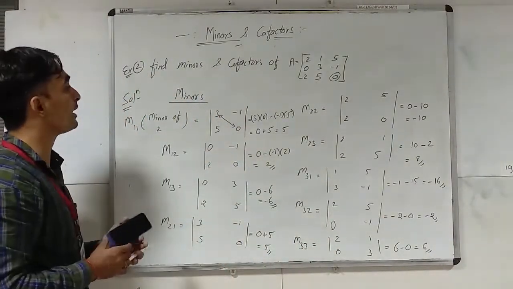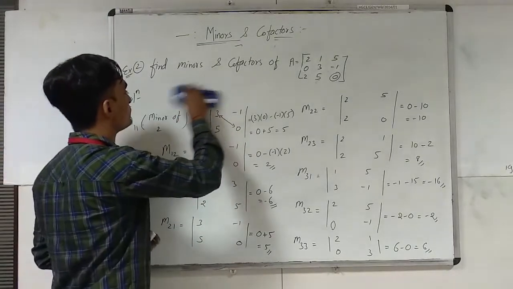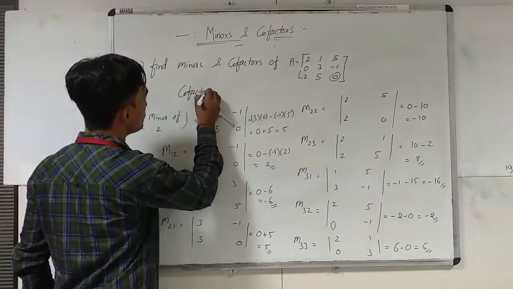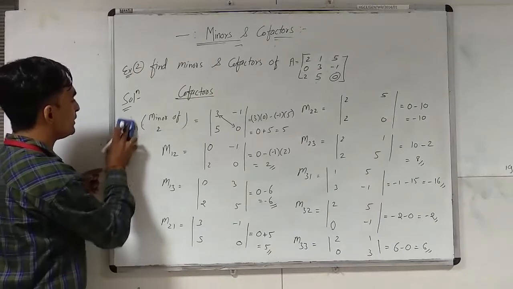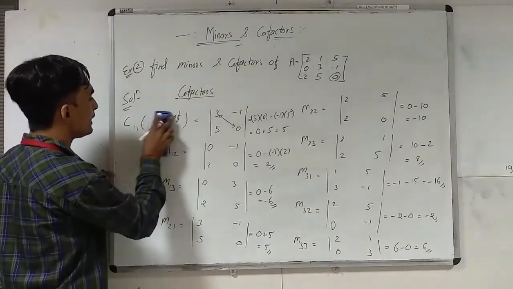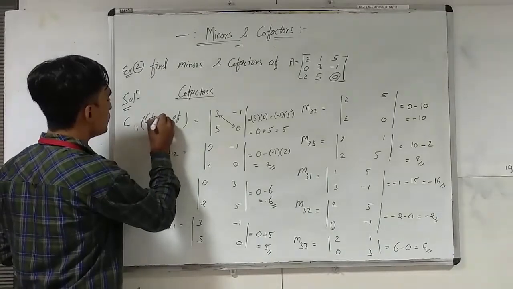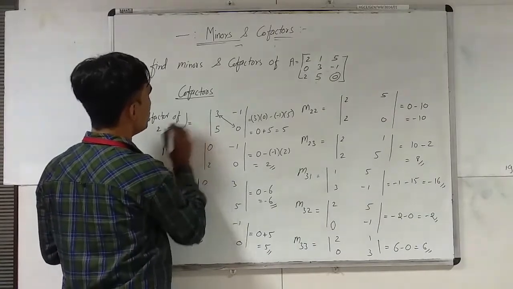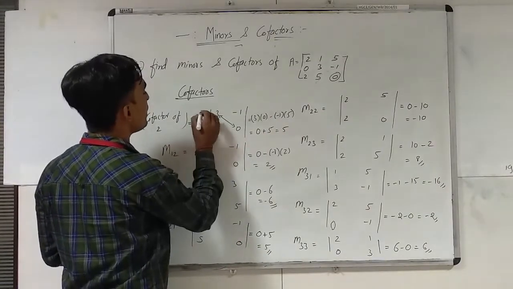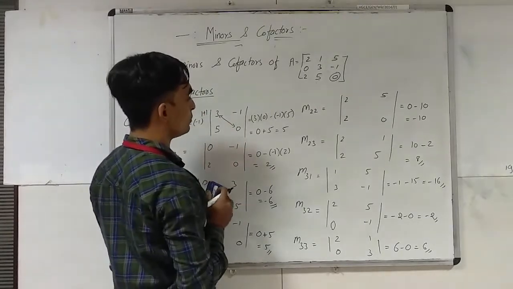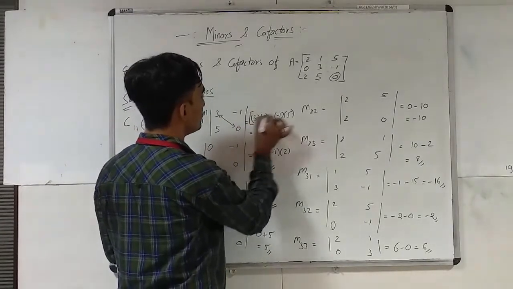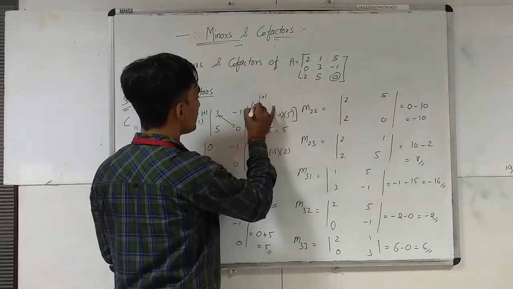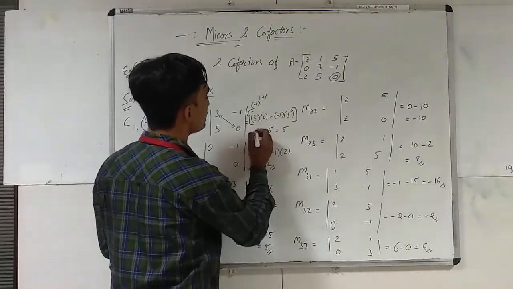This is how you find minors. Now cofactors. First of all, I will make a change here. C11, the cofactor of element 2, is minus 1 power 1 plus 1 into this.